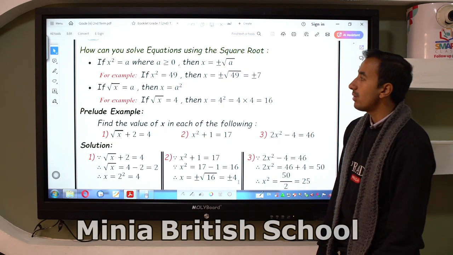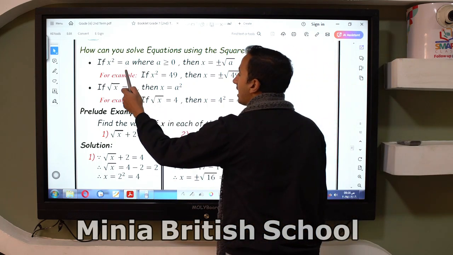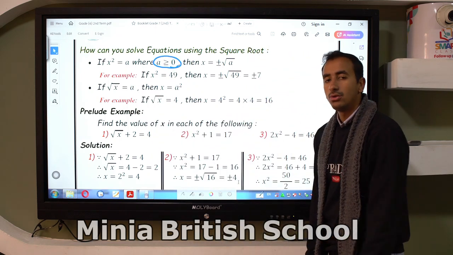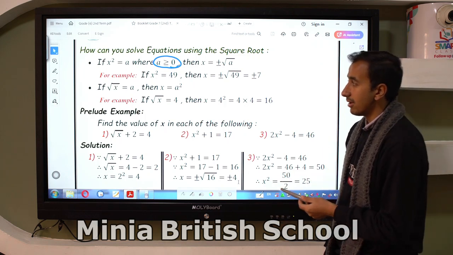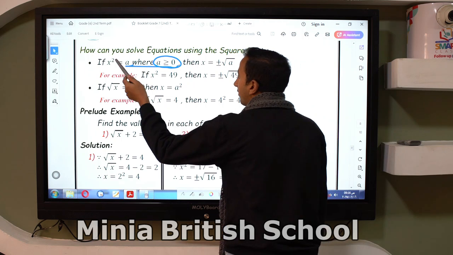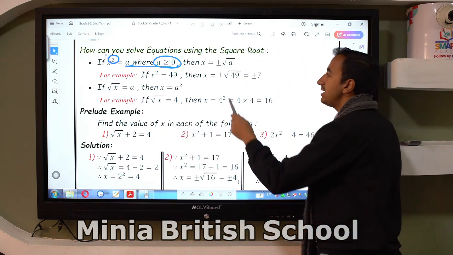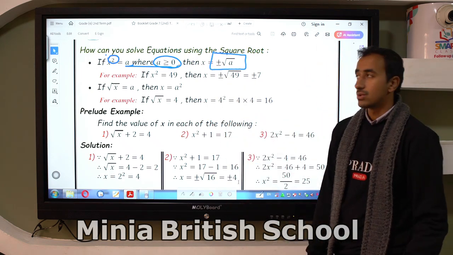How can you solve an equation by using the square root? If we have x power 2 equals a, where a is greater than or equal to 0, that's an important note. The number a is positive because the power is even. Then x is positive or negative square root of a.